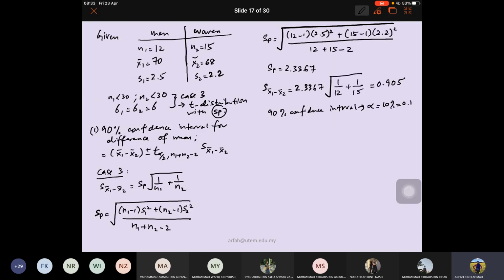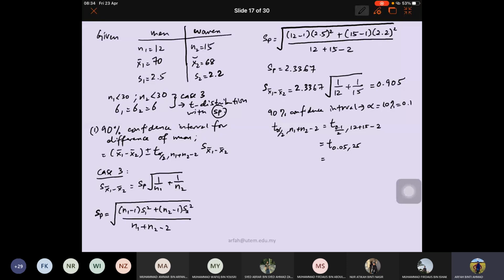So from here, T alpha per 2 N1 plus N2 minus 2 equal to T 0.1 per 2, 12 tambah 15 tolak 2, sama dengan T 0.05, 12 tambah 15 is 27 tolak 2 is 25. Okay. So take a look at table of T distribution.